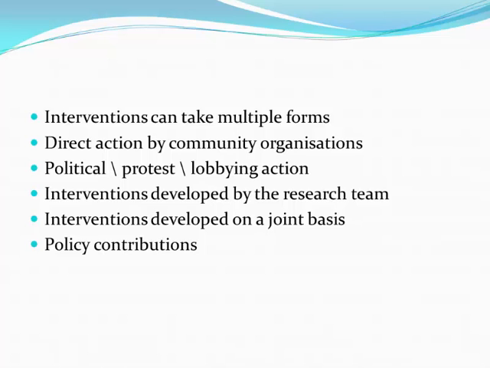It can be interventions developed by the research team. And that's not just you, that's you with the community groupings. Any interventions developed on a joint basis with the city council or health department or something like that. And very often intervention, and I'll talk about this later, is developed on a joint basis by multiple role players.